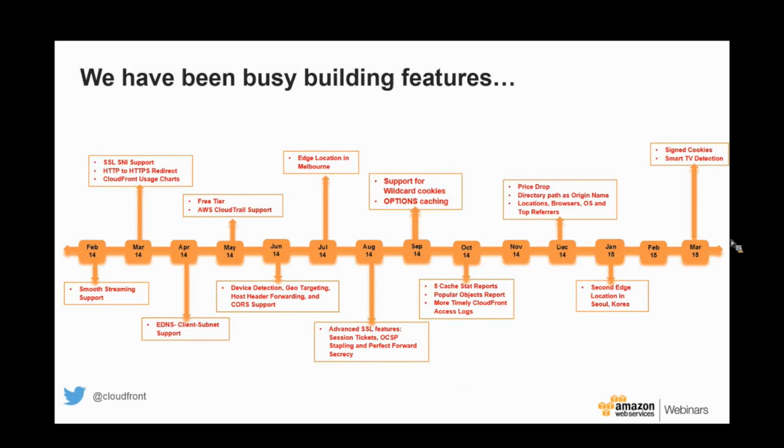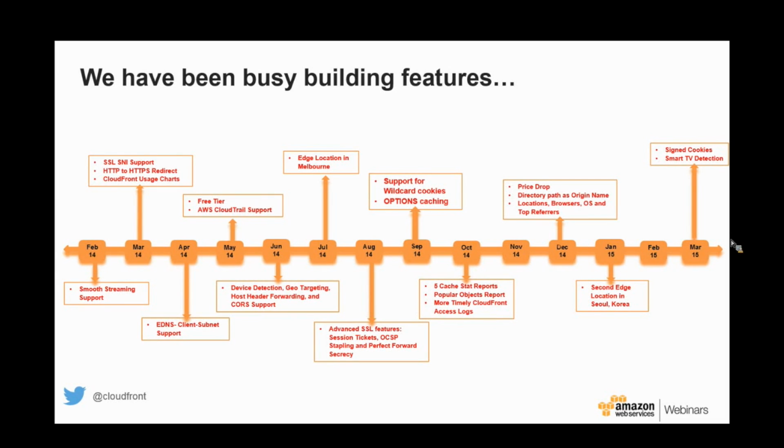In terms of features and functionality, one of the things that we continue to do on the CloudFront team is listen to our customers, understand what their needs and requirements are, and iterate quickly to launch new features and functionality. As you can see, just in the past 12 or 13 months, we've launched a number of different features as well as a few edge locations.